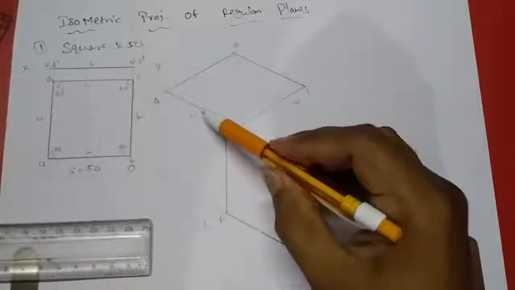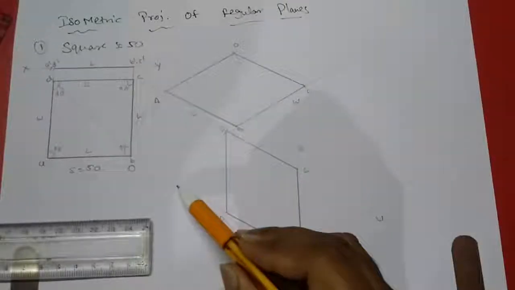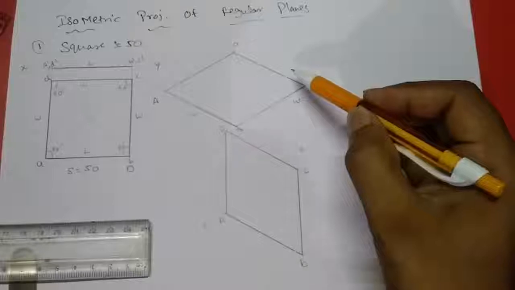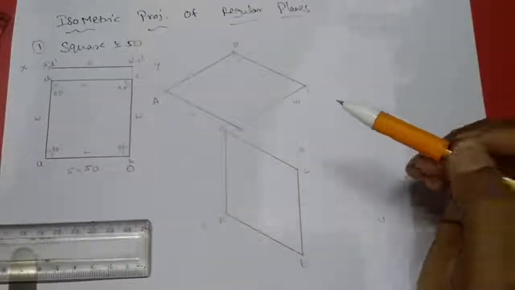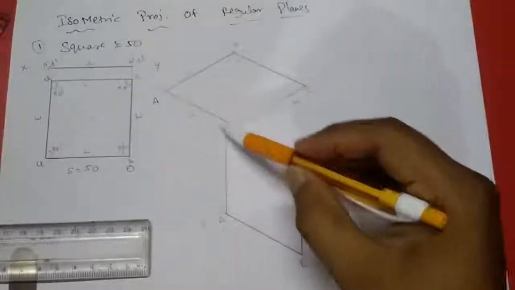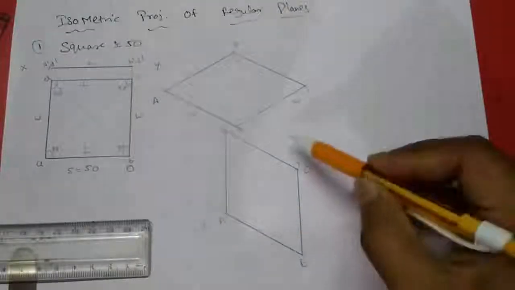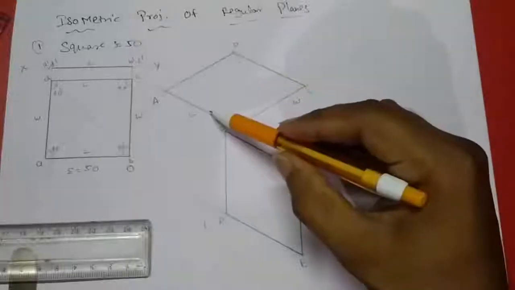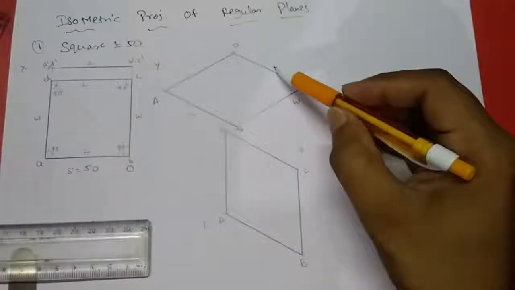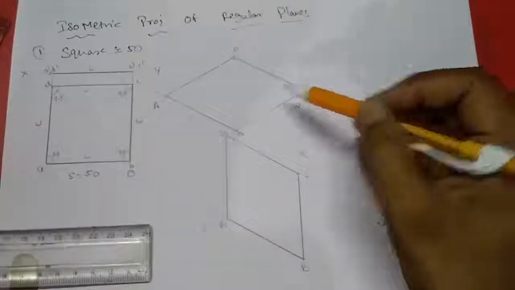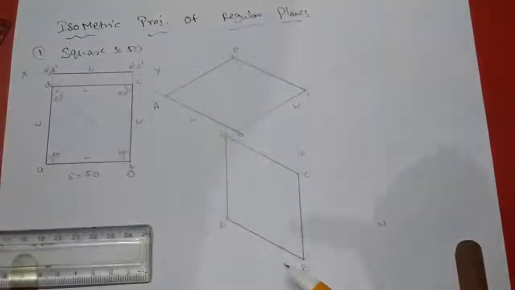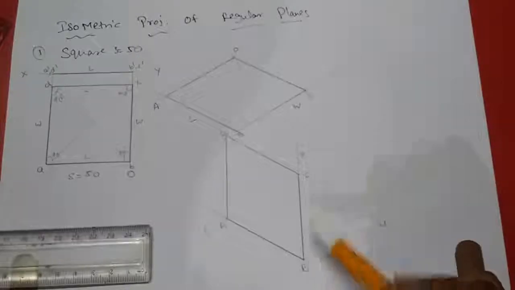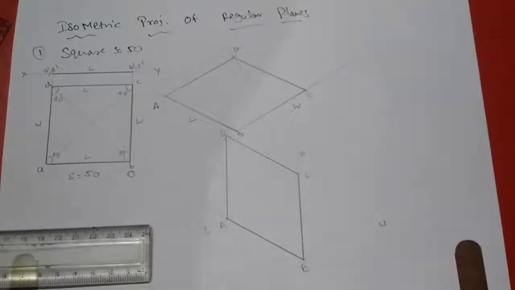These are called length axis, and these lines are called isometric lines. These are isometric axes, length, width, height, and the parallel lines are called isometric lines. AB is always parallel to CD. BC is always parallel to AD. Here also you can see AB is always parallel to DC, BC is always parallel to AD.